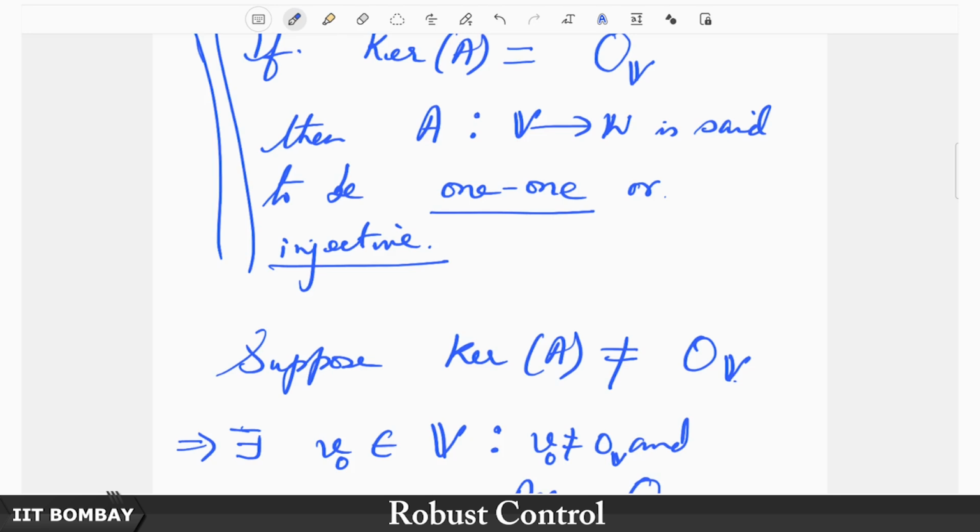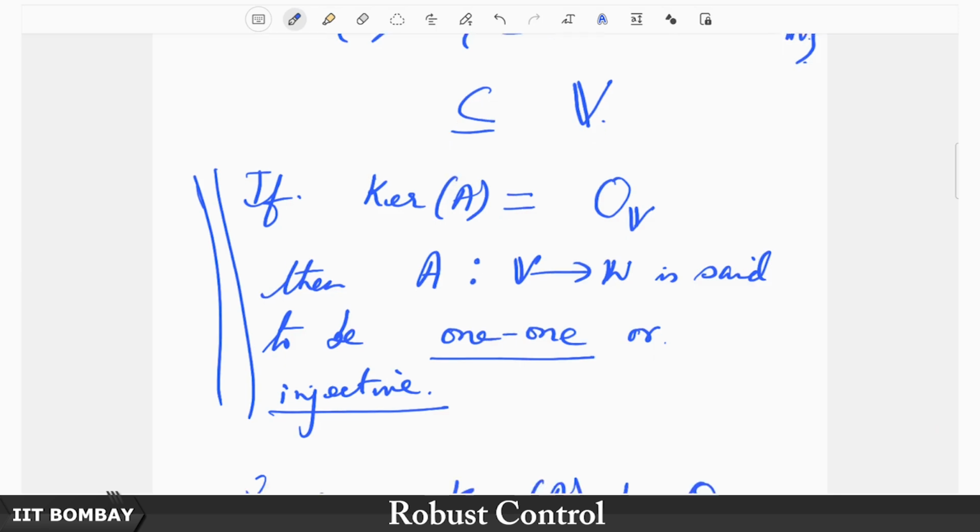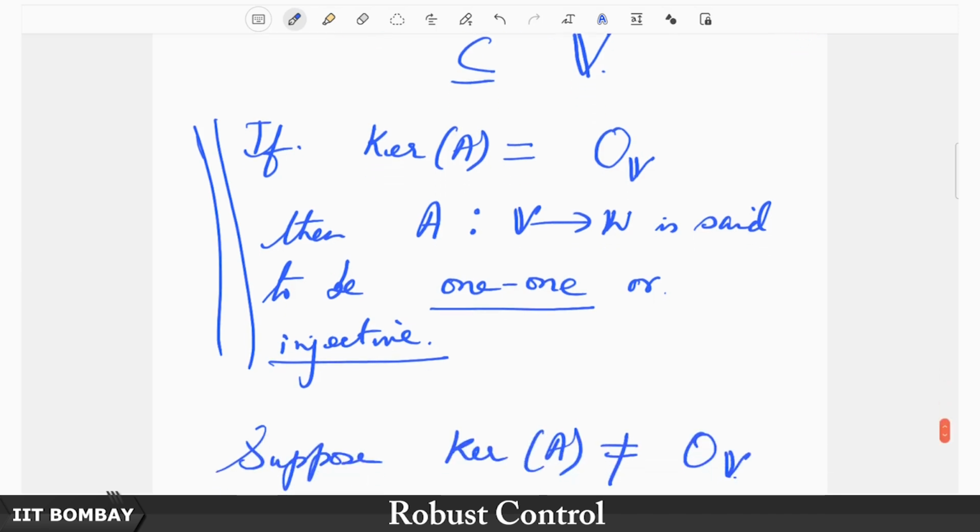So if you have two elements that are distinct and yet map to the same element, then the kernel of this linear map must be non-trivial, right. So therefore you get to see that this is both necessary and sufficient, right. Why is it sufficient?